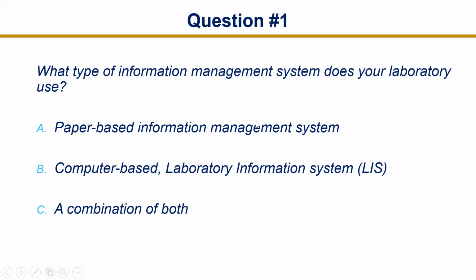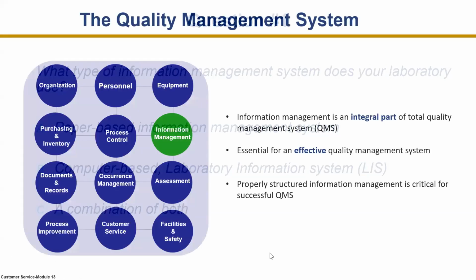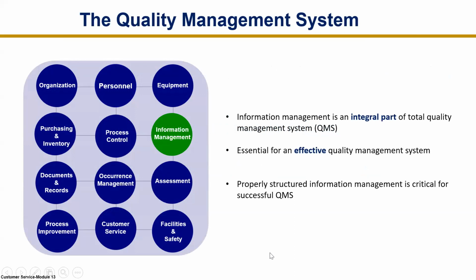All right, so as part of this series that we're doing on the quality management system, the information management system is also an integral part of the total quality management system that we do as a lab.